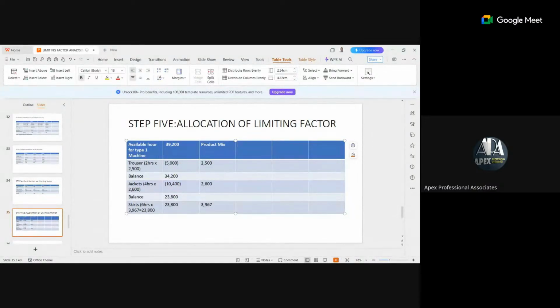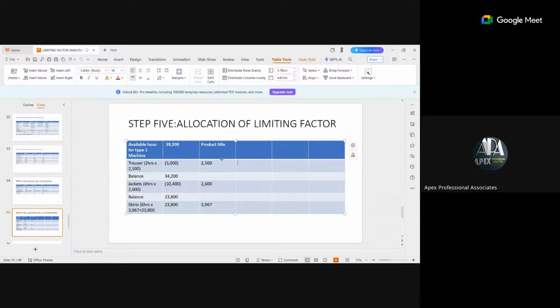Now, the point is this. Let me see what the question is saying. Calculate total profit that will be made if the production in plan A above is adopted. The total profit will be what? These are our product mix.